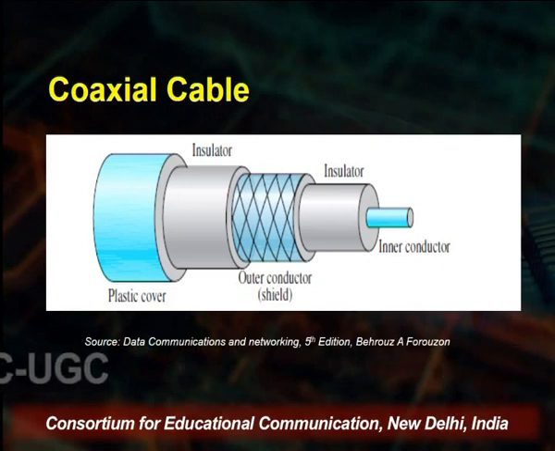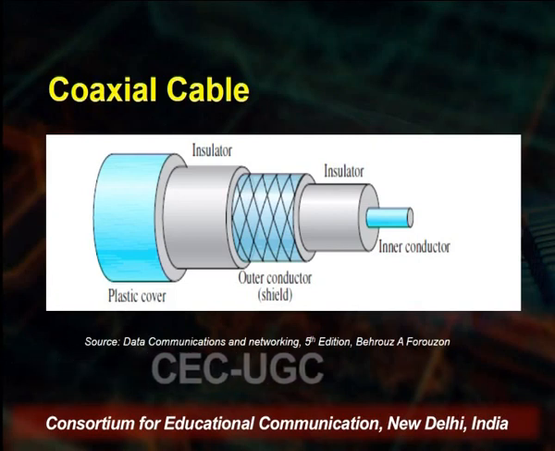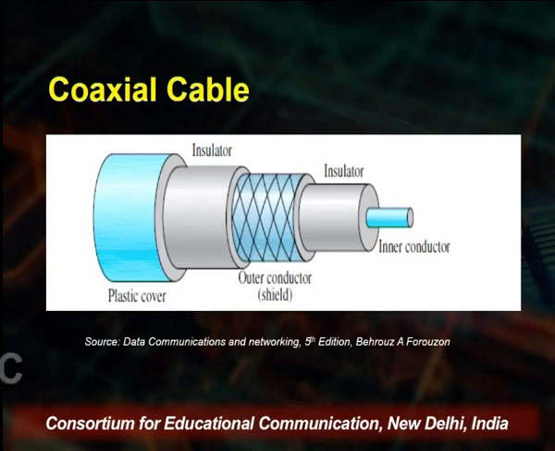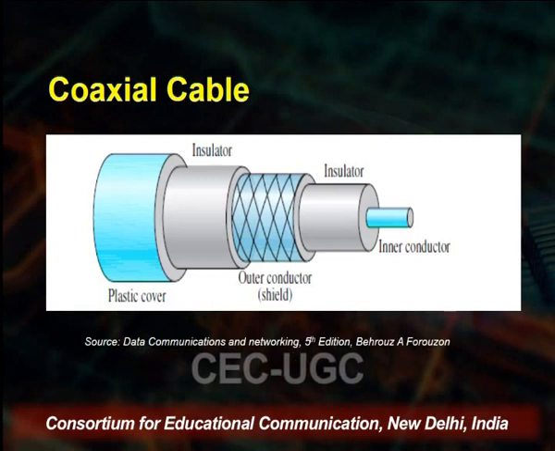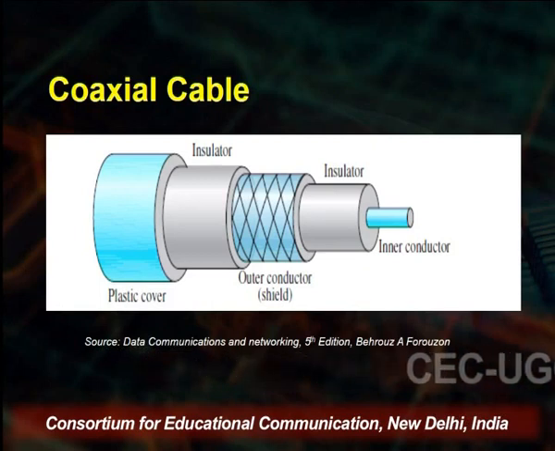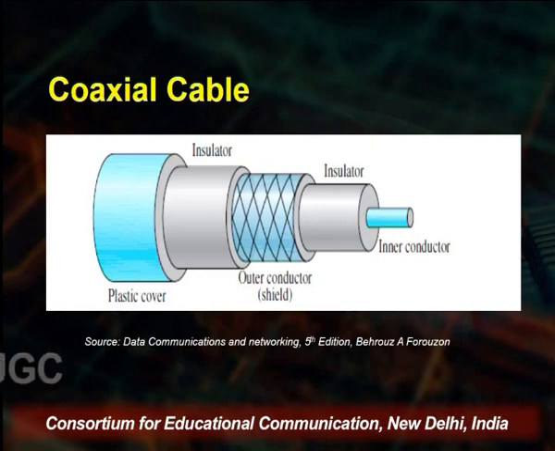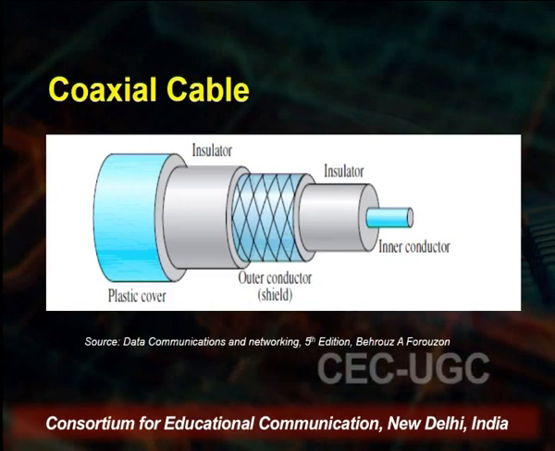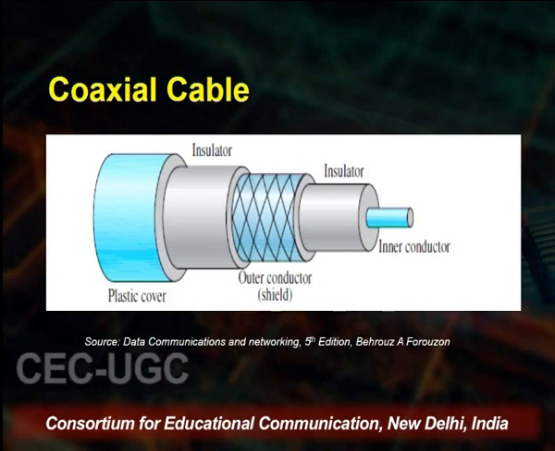Basically it has a central conductor, a single wire, generally made up of copper, and on top of that you have a layer of insulator, and on the insulator there is another layer of outer conductor or shield, and then the shield is further covered with an insulator which is packed in a protective plastic cover. So we can see that the wire has been encased in 4 layers. There are 3 layers of insulating plastic, and there is 1 layer of conductor shield.